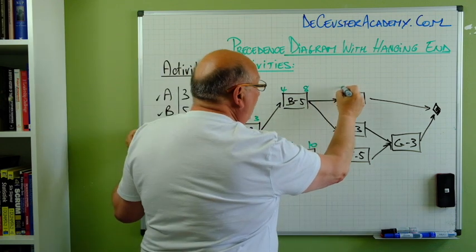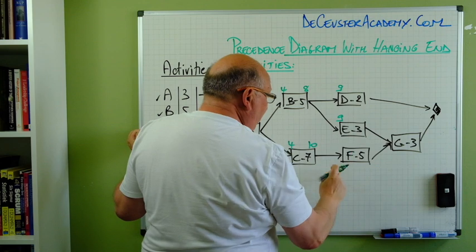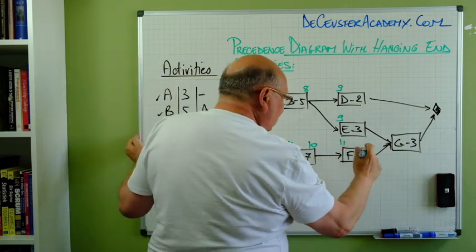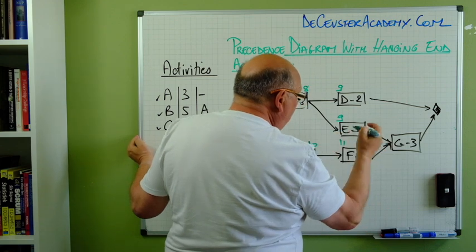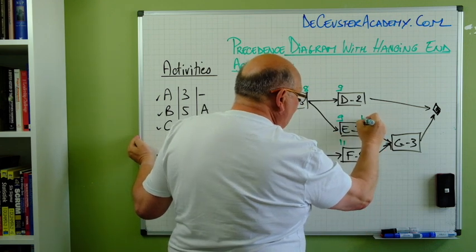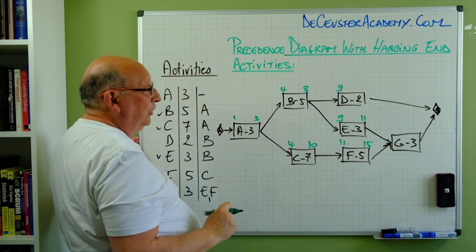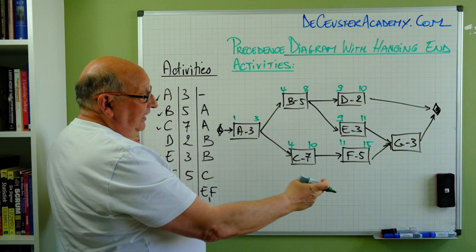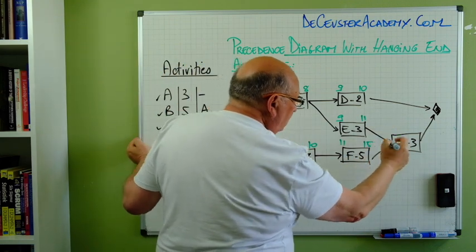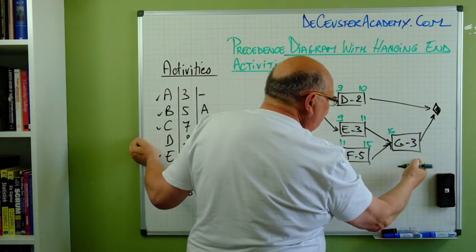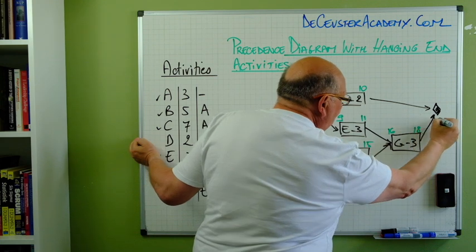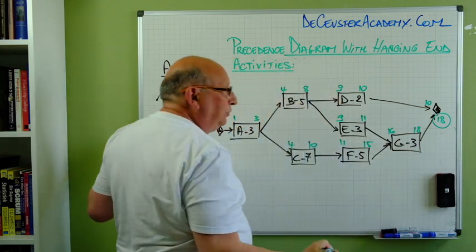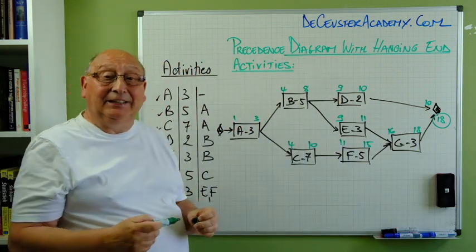So here we have the early start 9, 9 and 11. 11 plus 5 is 15. 9 plus 3 is 11. And 9 plus 2 is 10. And now we still have to do G. We take the highest number, so we have 16. 16 plus 3 is 18, so we have here 18 and here 10. And of course we select 18.